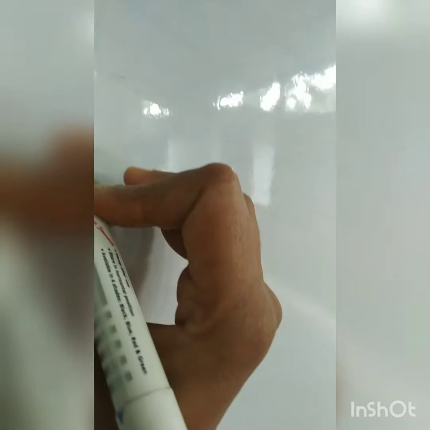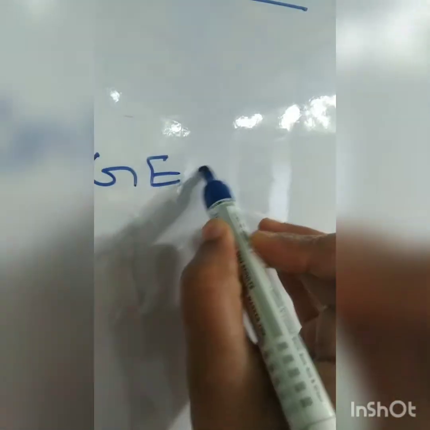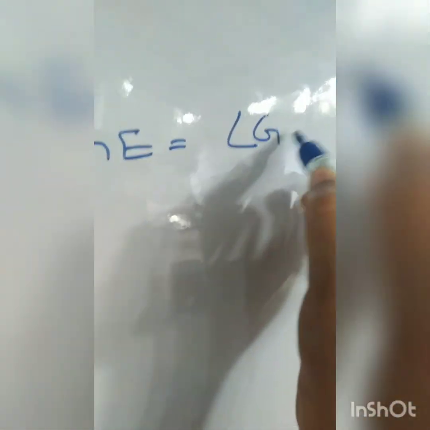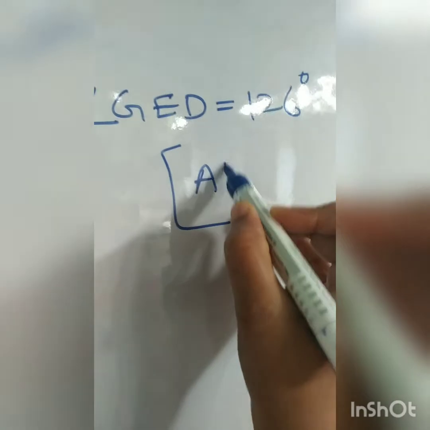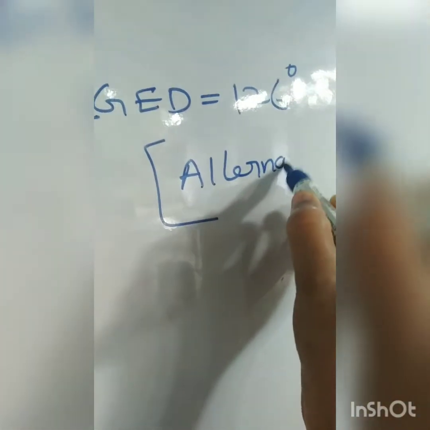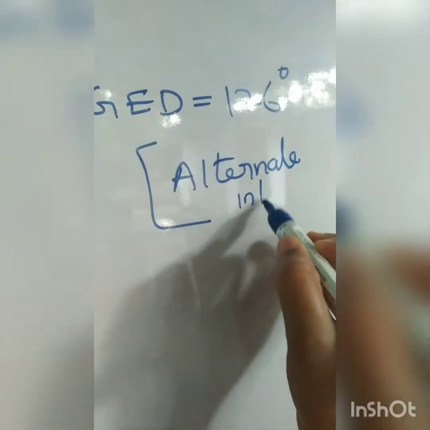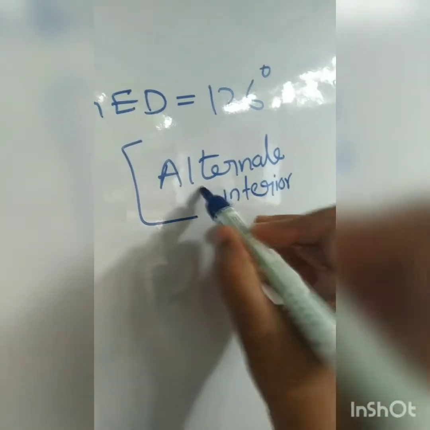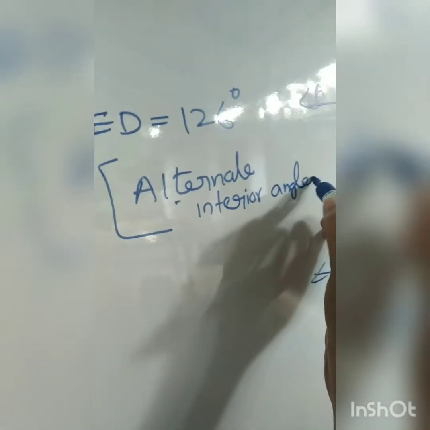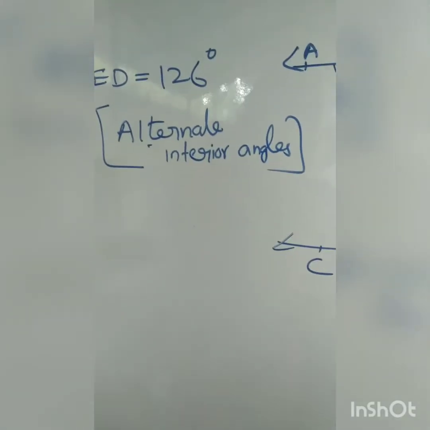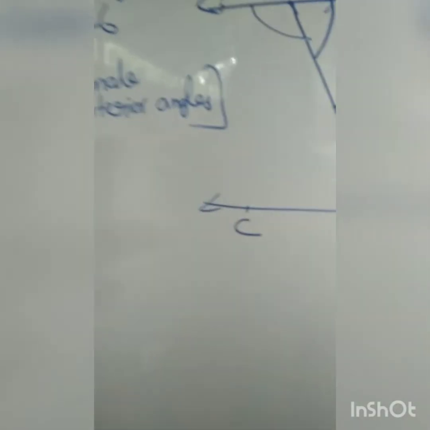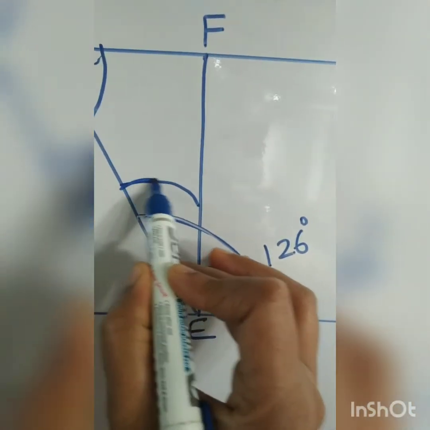So first step, angle AGE is equal to angle GED, equal to 126 degrees. Reason: alternate interior angles.